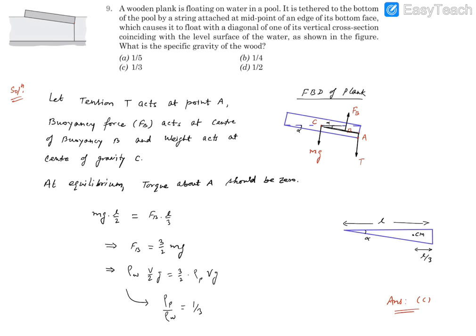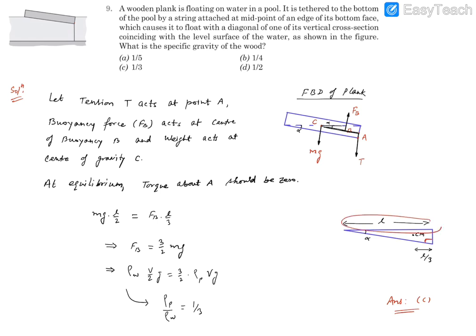So the torque of mg is going to be mg into L by 2. What about FB? The buoyancy force is vertical, so we need to find this distance. If we consider the next figure, this is the diagonal, and this is the side of it, imagining this to be 90 degrees.